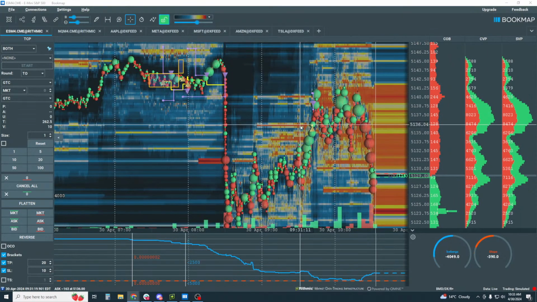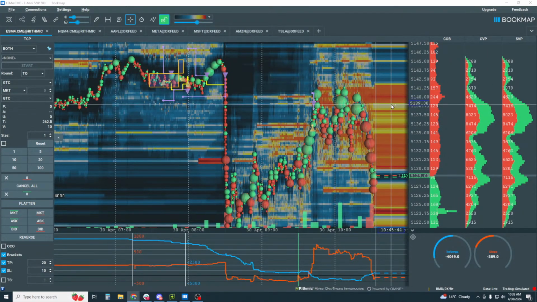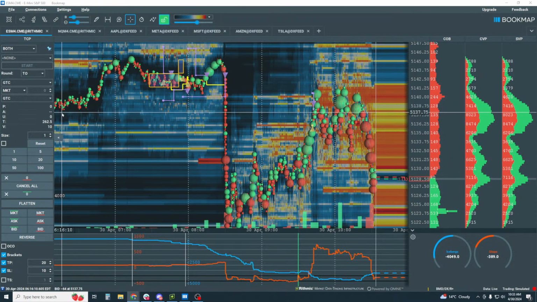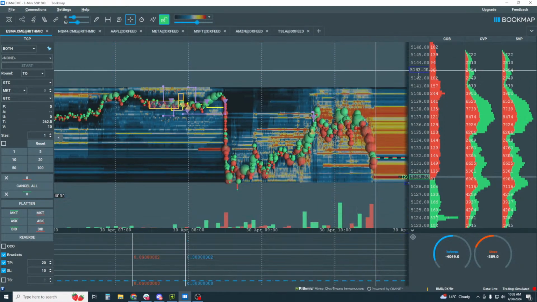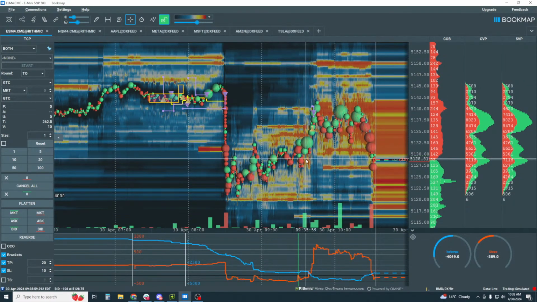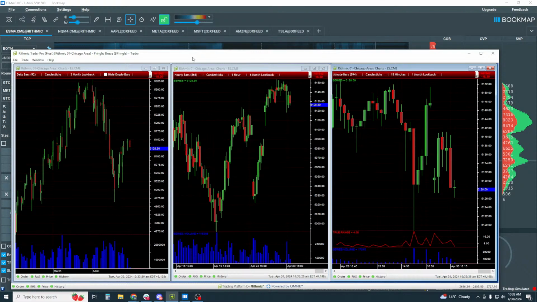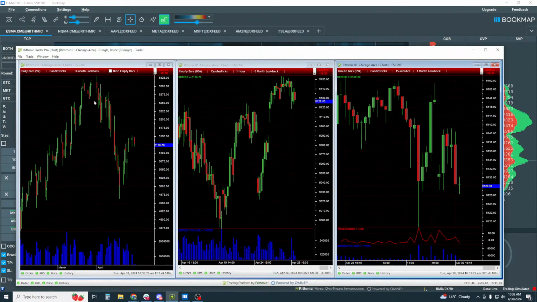If you've got lots of data in Bookmap, you can zoom out and take a look at it. I start my Bookmap in the morning, and then take it from there. Then I just look at the bigger picture. I use a very simple candlestick chart to understand what's going on. Here's the daily, and you can see we're very much an inside day from yesterday. Yesterday was kind of a tricky day.